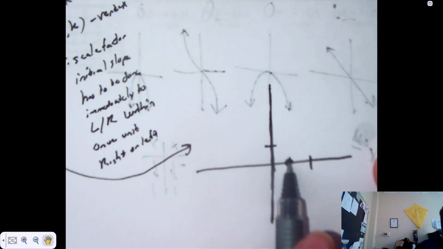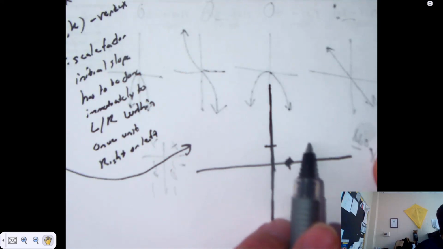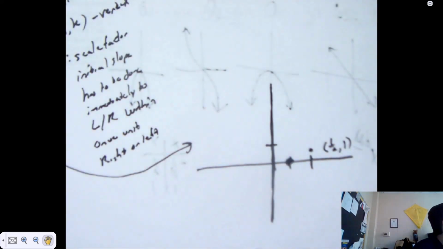The previous transformation had a point right here at 1, 1, right? The new one has a point at 1/2, 1. Because rising half a unit and running a whole unit, isn't that the same thing as rising 1, running 2?